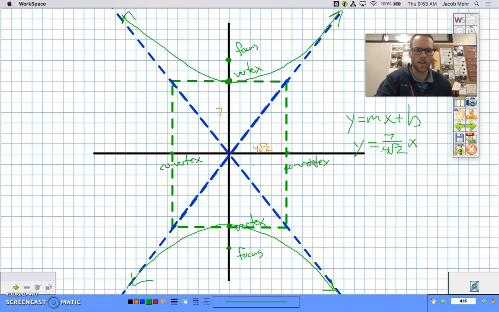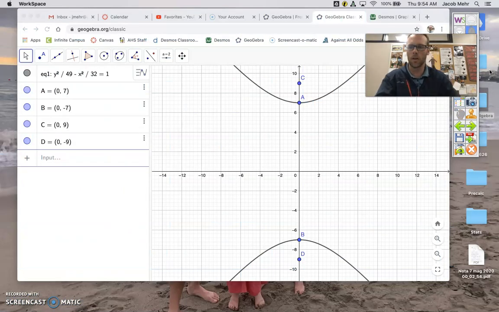And then we have x, and the y-intercept is 0 because our hyperbola is centered at the origin. Okay, so that's the first one. How about the other one? Okay, this one. Well, now we're going down 7 over 4 root 2. So the other slant asymptote is negative 7 over 4 root 2 x. Let's graph those and let's see if those are our slant asymptotes.